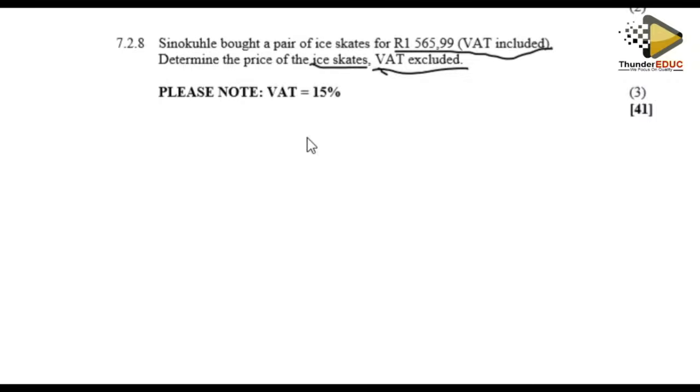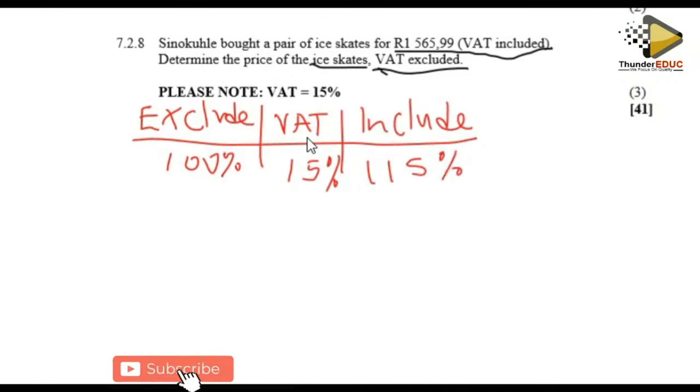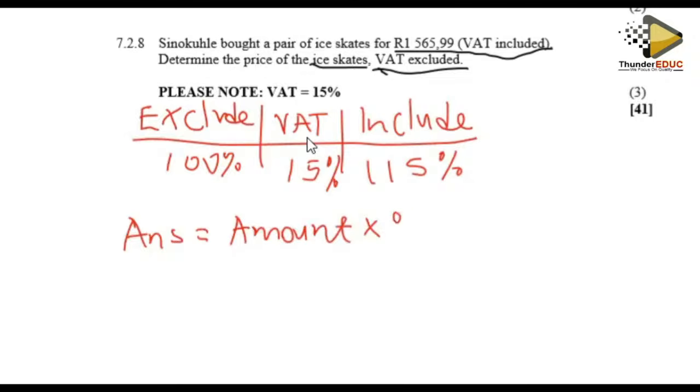Remember what I showed you, that we have exclude, then we have VAT, we have include. This is not all needed because you're looking at 3 marks, but you have to remember this. This is my first example I'm showing you. So we are excluding, we say the answer equals the amount times the percentage I want over the percentage I have.